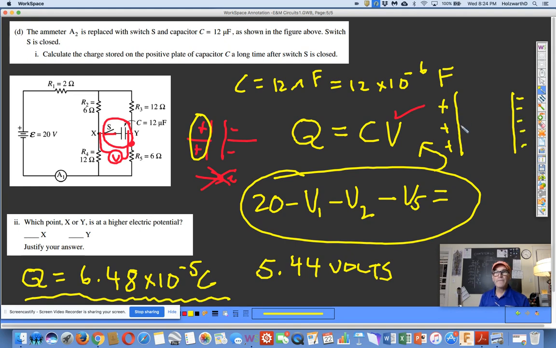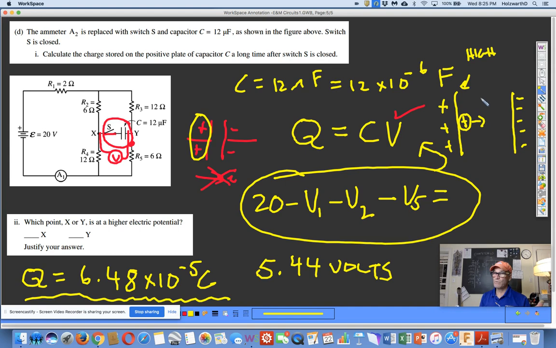Conventional current is positive to negative, as if we have a positive charge flowing from X to Y, and by definition of electric potential, this plate is at the high side of the potential difference. This is the high side.